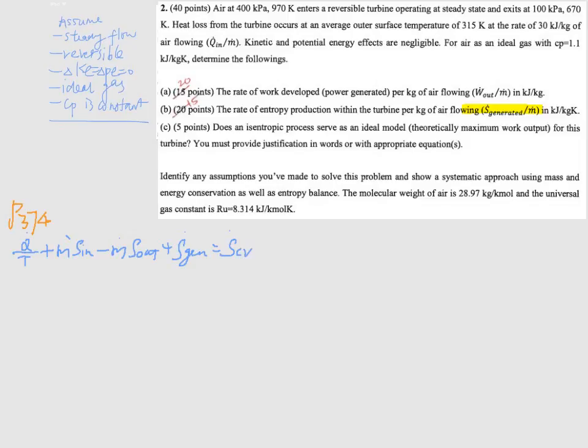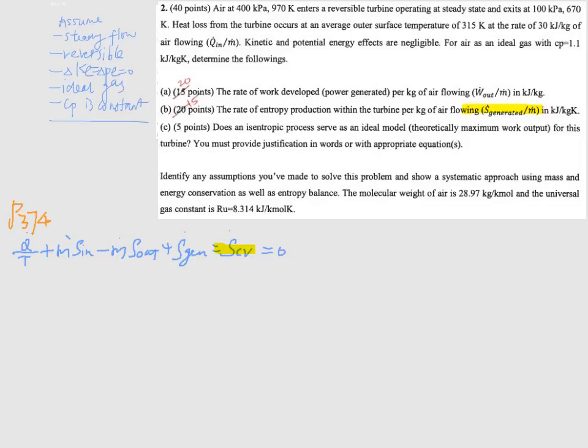Below that equation, the textbook describes that when it is steady flow or steady state, this S dot CV is 0. So that makes our life easier.